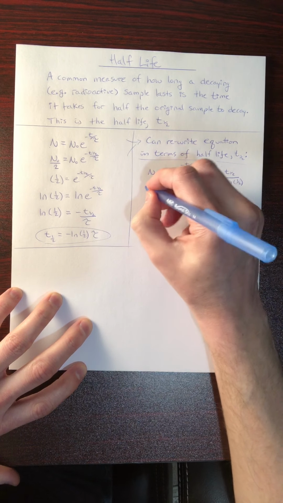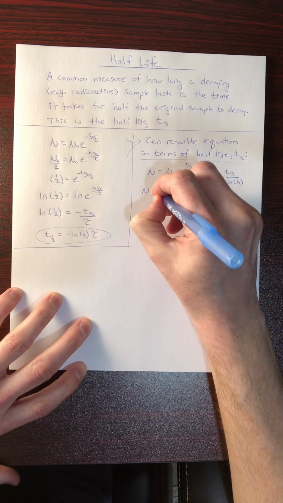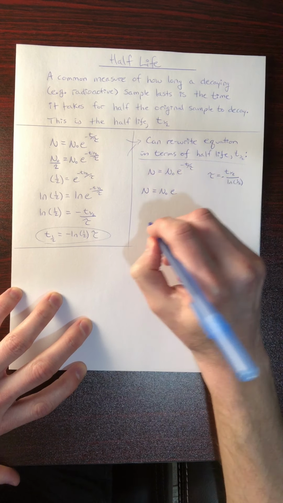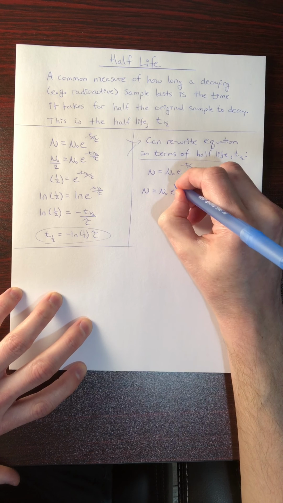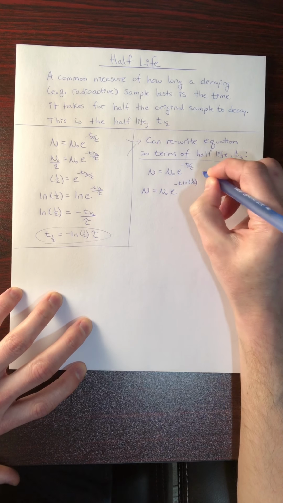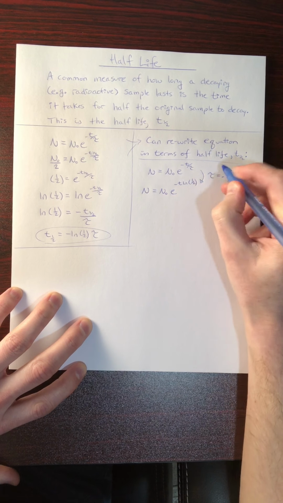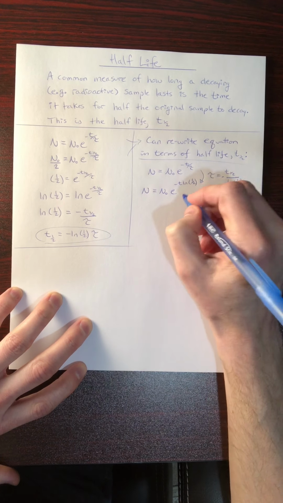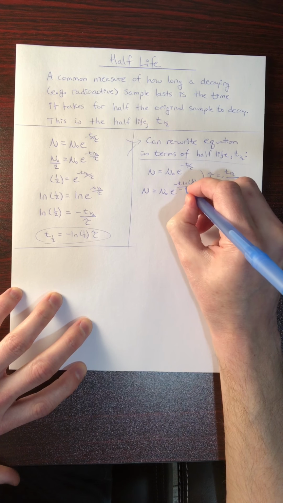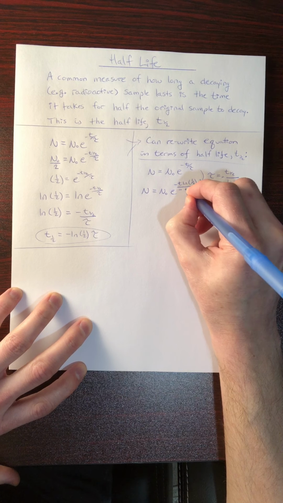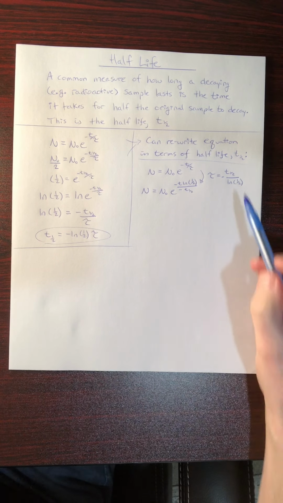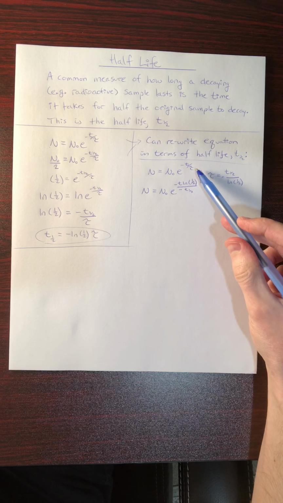Well, now we have N is equal to N naught, and our exponential is going to get a little busy. So we're going to have negative t ln 1/2 over negative T1/2. That's how we went from one step to the next. Okay, so what I've done there is just substitute in this expression for tau.